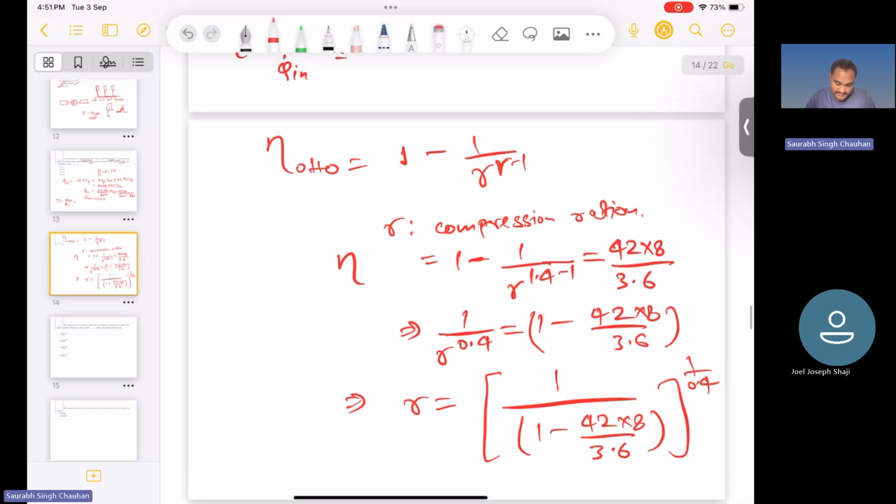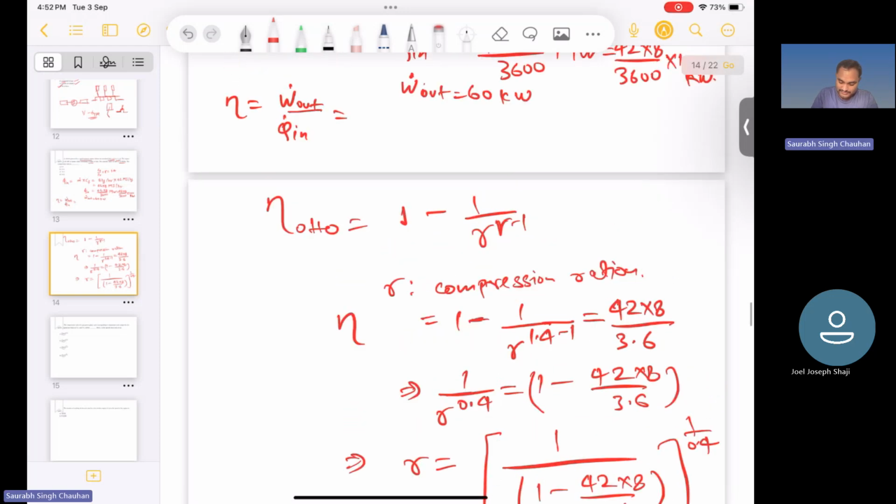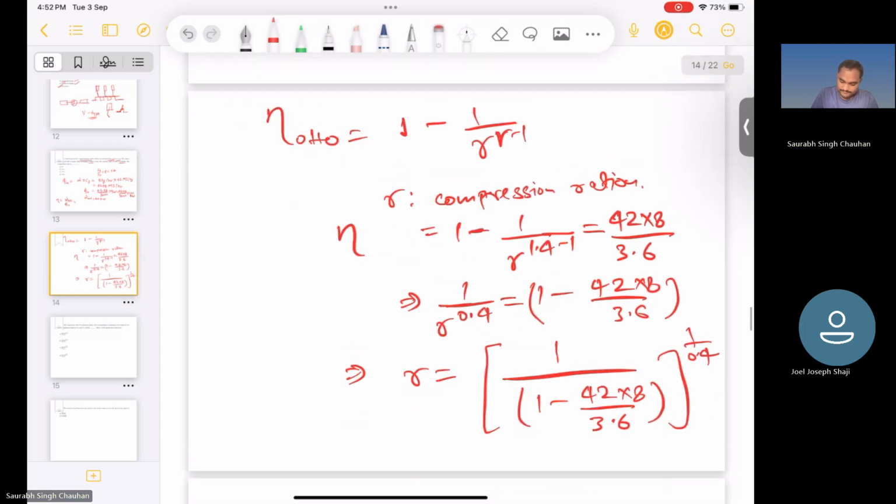Probably we have made some mistake, some negative values are coming. So again, we will have to check this.